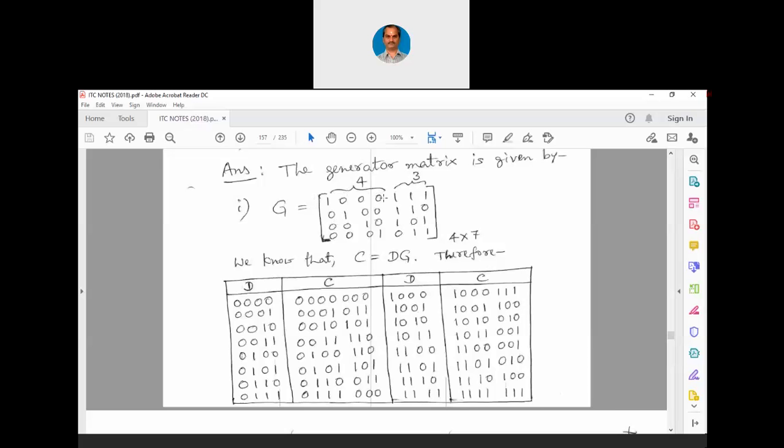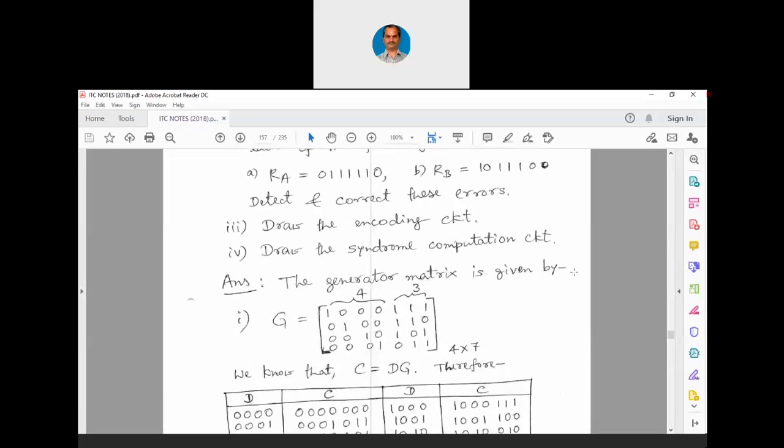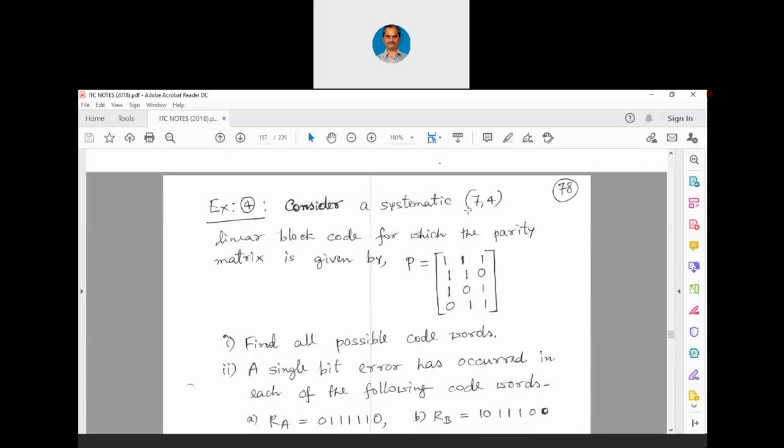So you have to write an identity matrix here. When they give 7, 4 in the exercise, n is 7 and k is 4. So when you have to write G, you will have to visualize G equals I_K and P, where K itself gives an identity matrix of 4 cross 4. Then we are going to write the parity matrix.